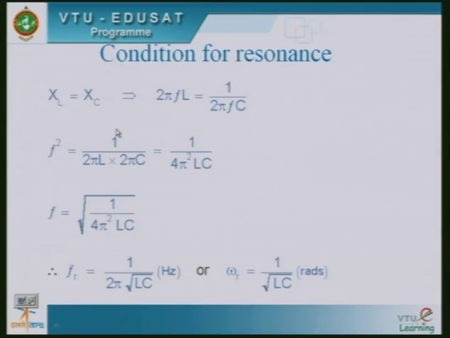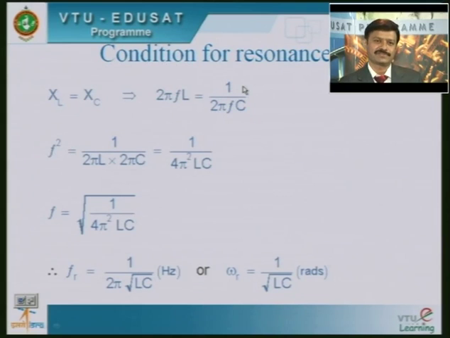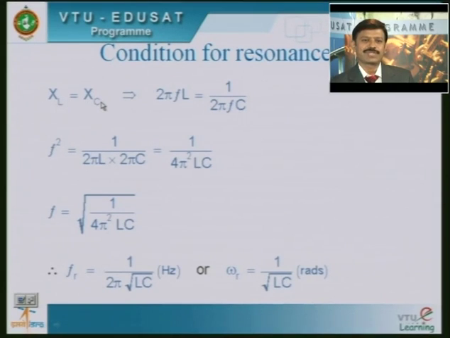Then we'll go to the mathematical expression, the condition for resonance. We know the condition: inductive reactance is equal to capacitive reactance. Inductive reactance can be expressed as 2 pi FL, which is equal to 1 by 2 pi FC.